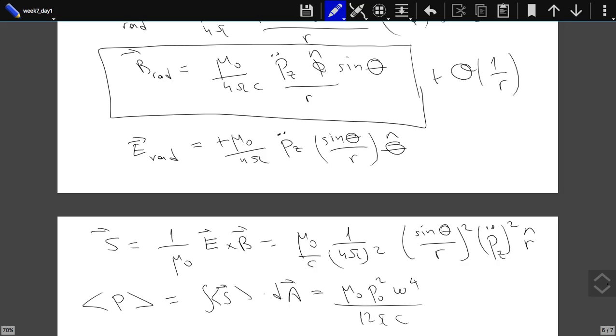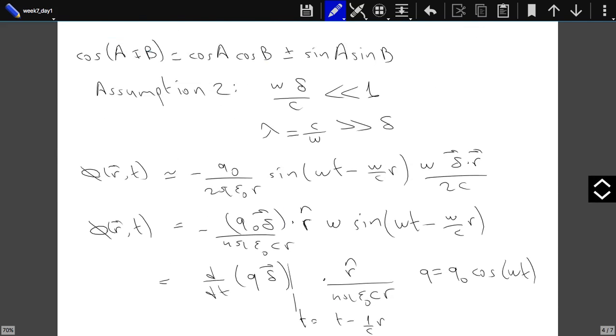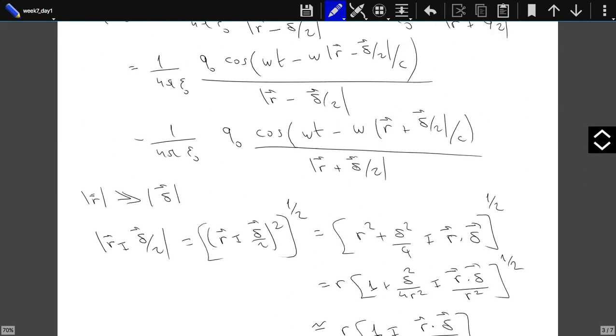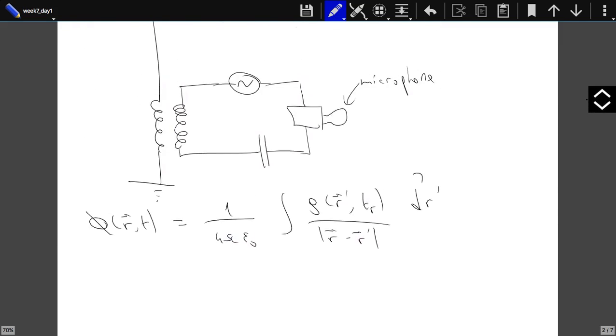Other questions? In the beginning of the lecture, we said that while the limit r goes to infinity, while calculating S dot dA, the energy flow.